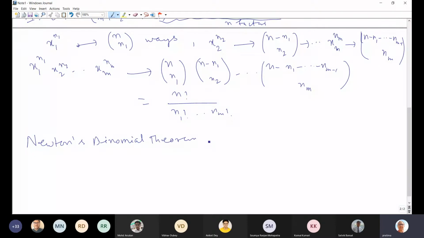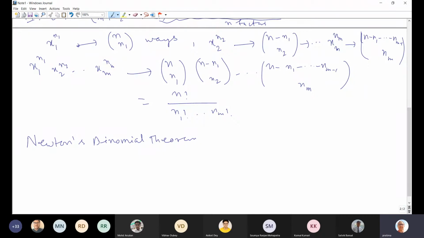This theorem was given by Newton in the 1600s.